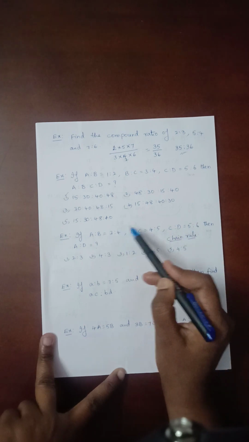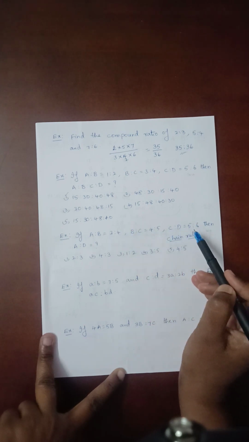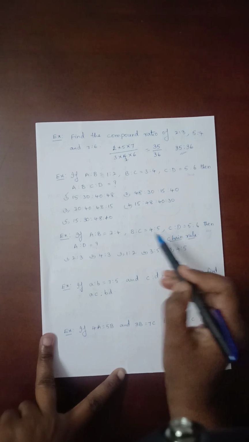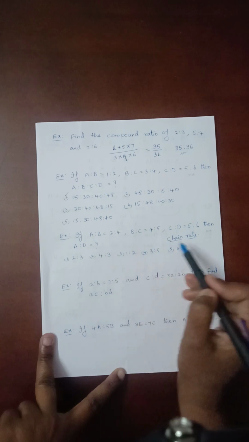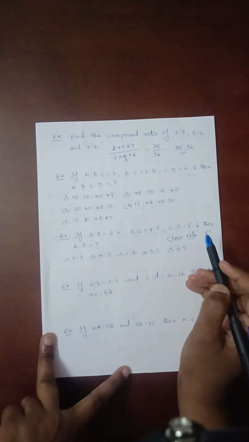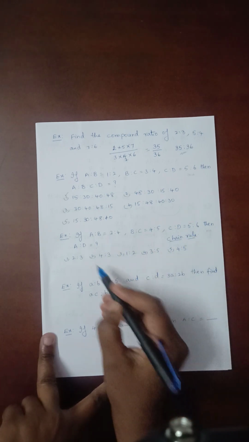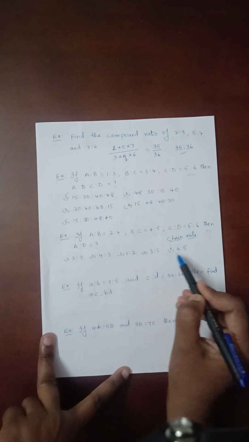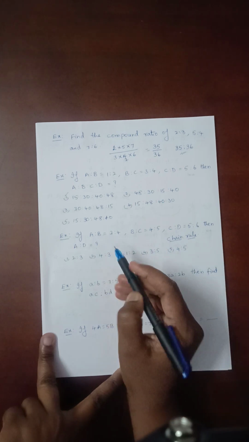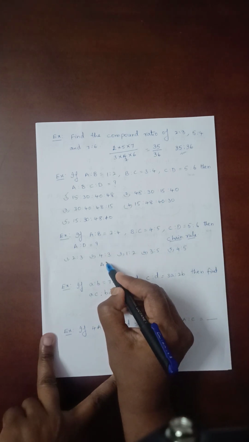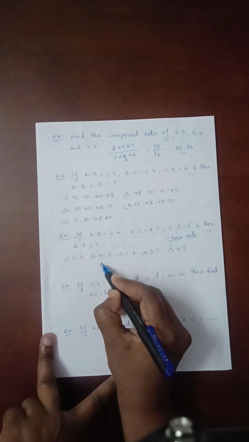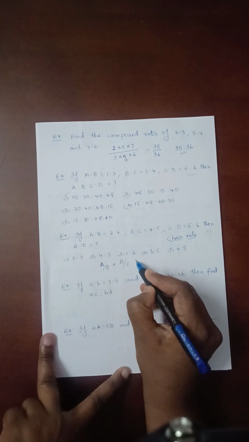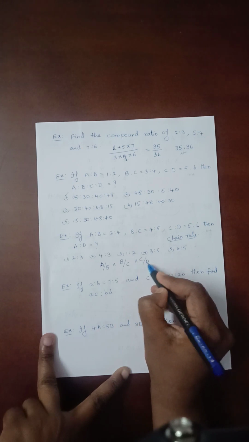This type of ratios, we use chain rule. Such type of ratios are given means we use chain rule. What is chain rule? Options are 2 is to 3, 4 is to 3, 1 is to 2, 3 is to 5, 4 is to 5. Here A is to B means A by B, into B by C, into C by D. This is the chain rule.